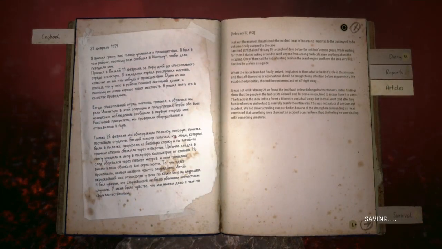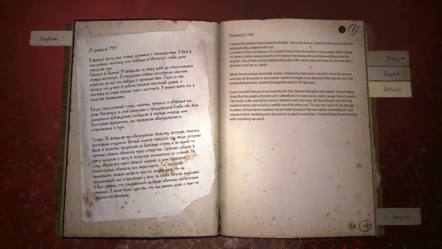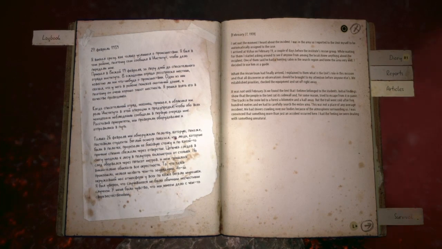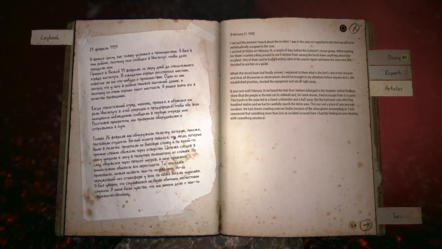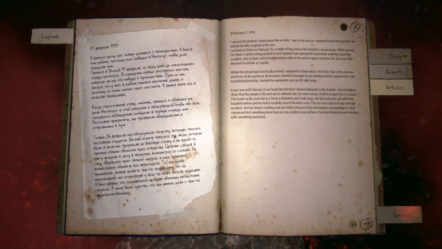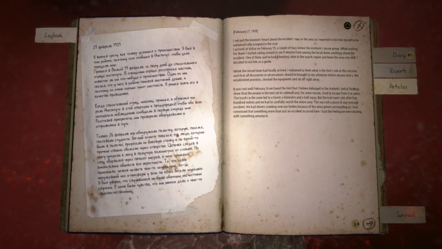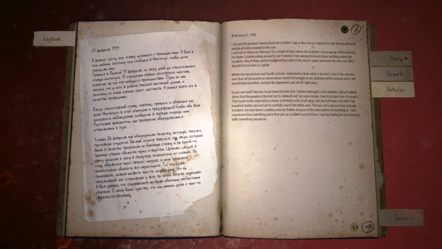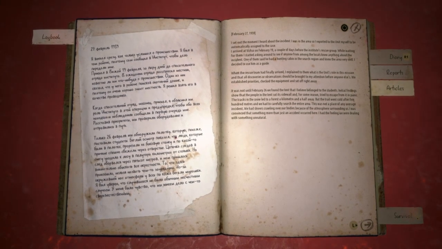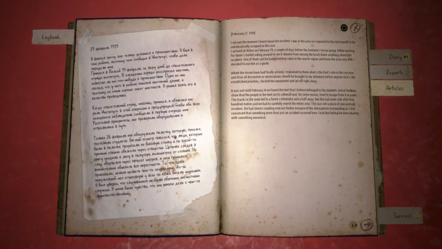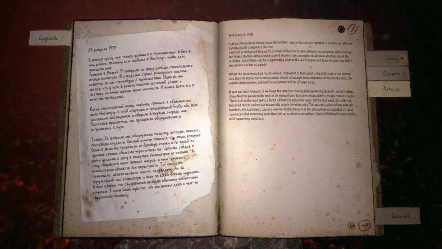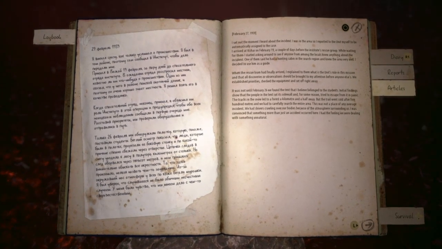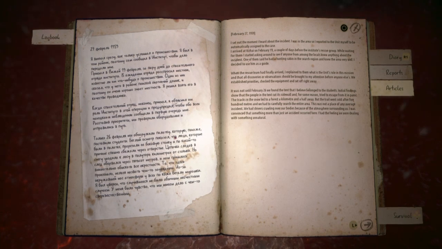We're also in Act 2 now, by the way. I set out the moment I heard about the incident. I was in the area, so I reported to the unit myself to be automatically assigned to the case. I arrived at Vishai on February the 19th, a couple of days before the Institute's rescue group. While waiting for them, I started asking around to see if anyone from among the locals knew anything about the incident. One of them said he had a hunting cabin in the search region and knew the area very well. I decided to use him as a guide. When the rescue team had finally arrived, I explained to them what the unit's role was in this mission and that all discoveries or observations should be brought to my attention before anyone else's.